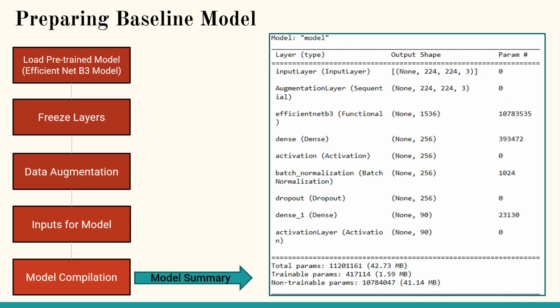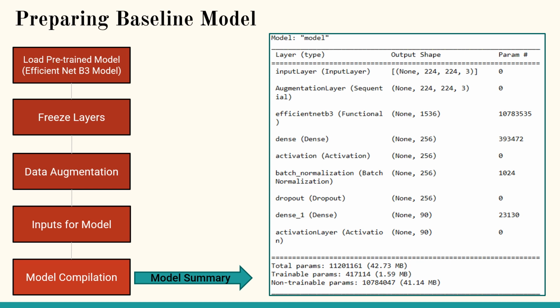Now, introducing our baseline model. We loaded a pre-trained model named EfficientNetB3, and we did layer freezing and data augmentation. After providing the inputs to the model and compiling it, we found this summary.